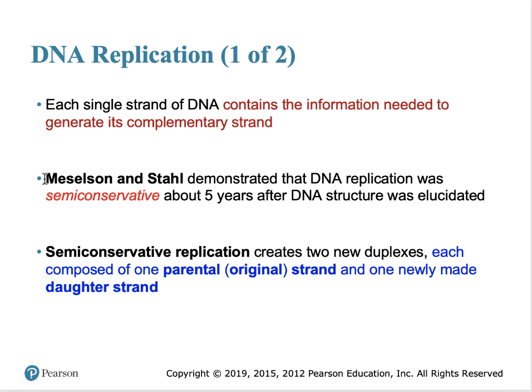And the scientists that were responsible for elucidating this information were Meselson and Stahl. And they demonstrated that DNA was replicated in a semi-conservative replication. That means the two strands of DNA separate and new strands are built on that particular backbone.